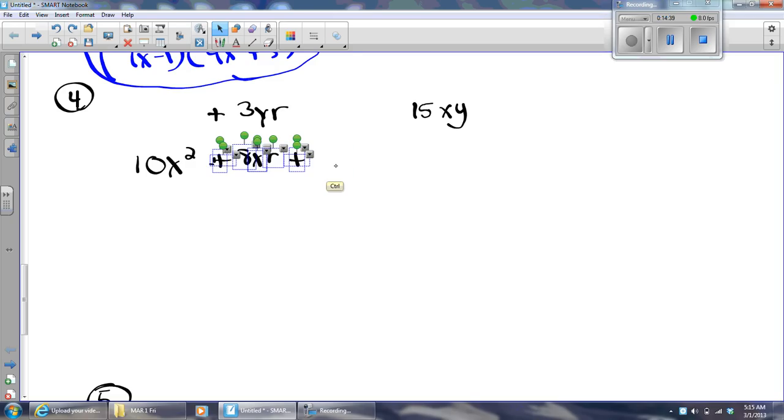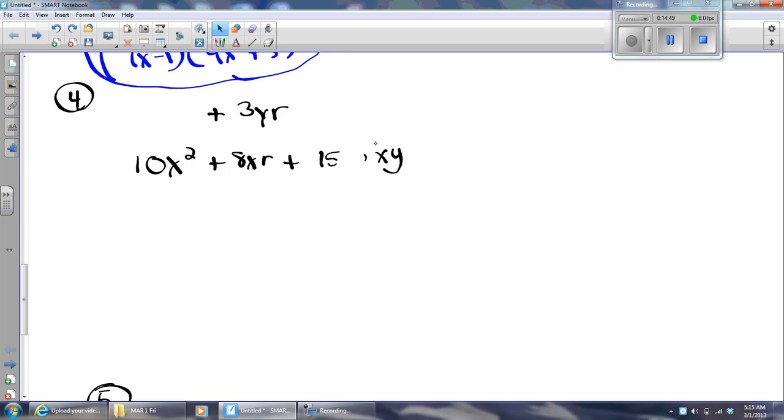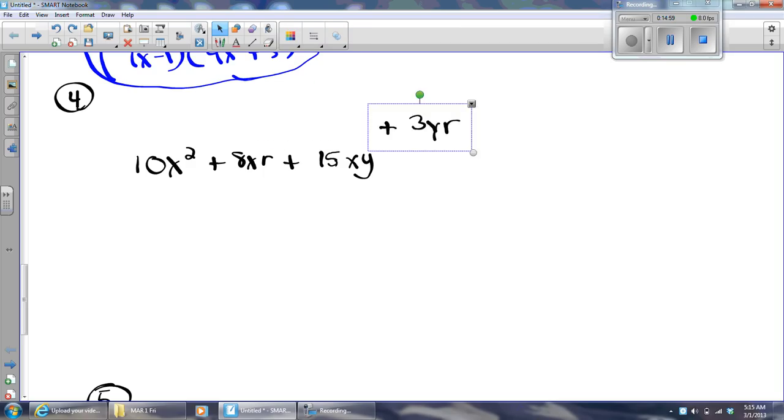For some reason that all ungrouped. I don't know why. And then the 15xy. Yikes. Going to put that here. All I'm doing is rewriting so that my GCFs will match. Okay, I like this a lot better.